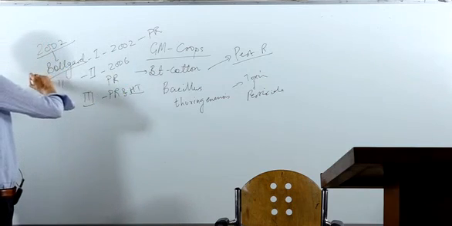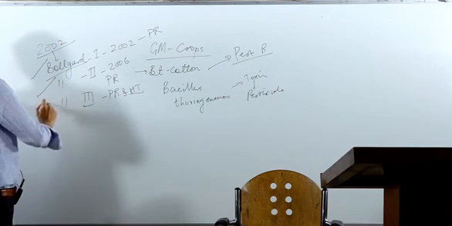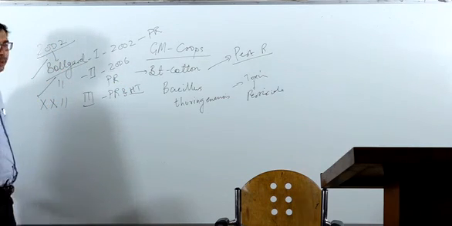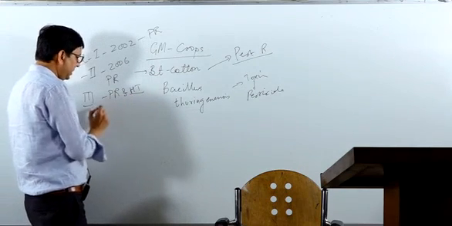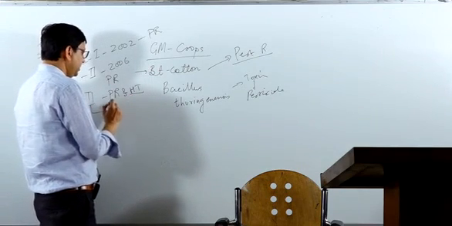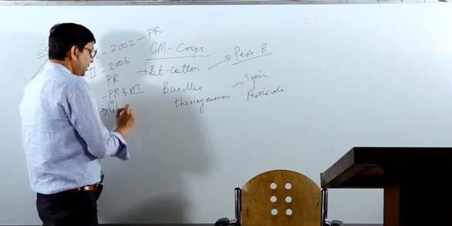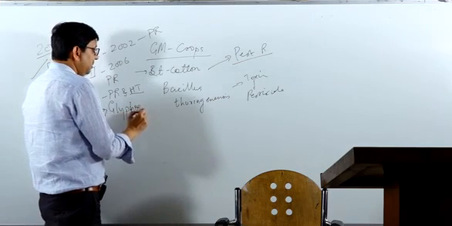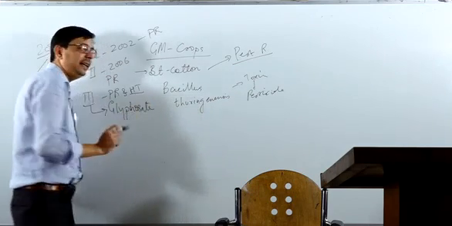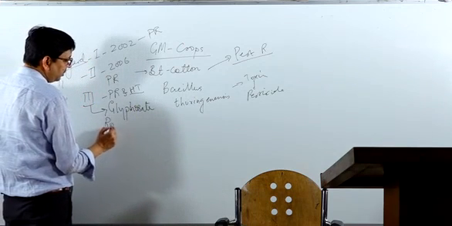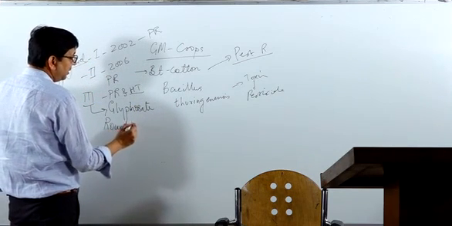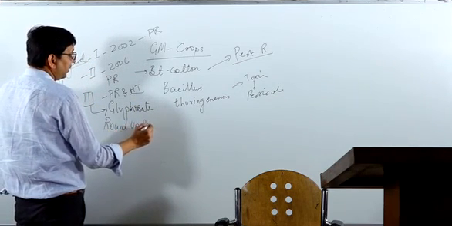India has permitted Bollgard 1, Bollgard 2, but there is no permission for Bollgard 3. The herbicide against which Bollgard 3 is tolerant is known as glyphosate. So, glyphosate is the chemical to which Bollgard 3 is resistant, and glyphosate is sold under the name called Roundup Ready.